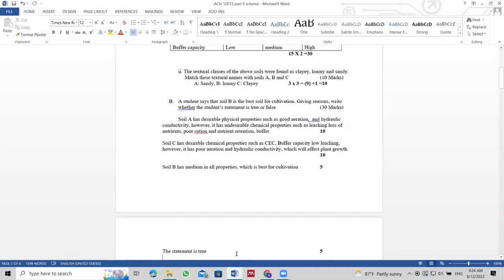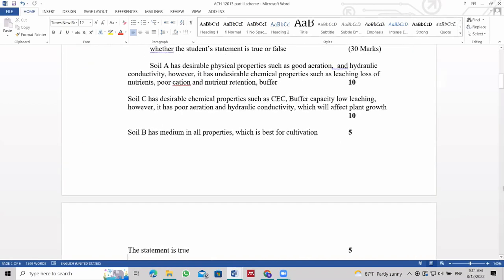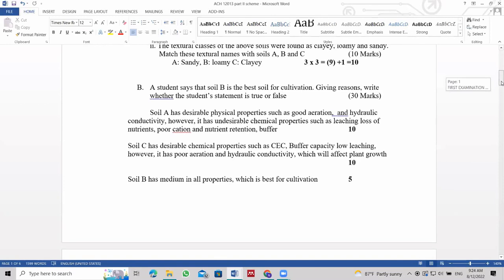Yes, so here you can see the scheme. Here, in the final question, the student says soil B is best for cultivation.